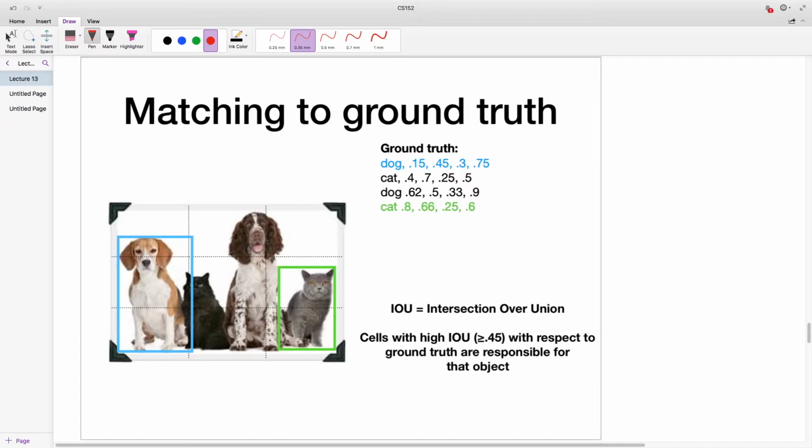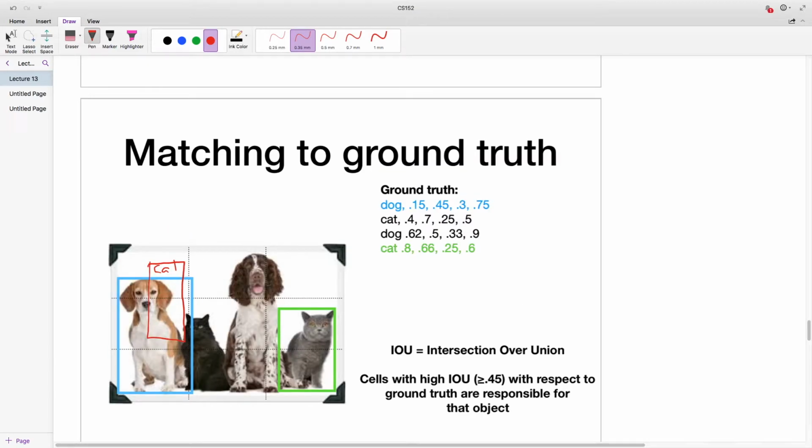All right, so let's say we've got this bounding box, and it says cat. Okay? Which cell is producing that? I don't know.